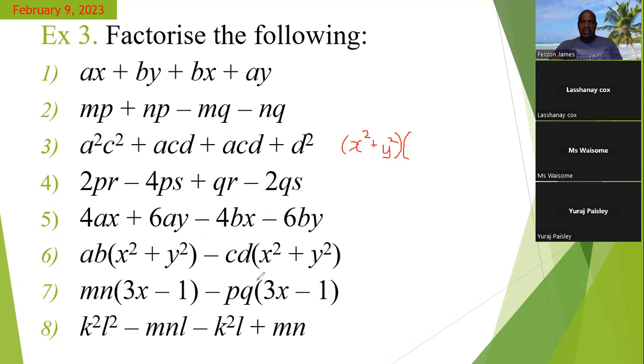So question 6 is a slightly different setup. If you look at this, you would actually reach the second stage of the factorization process, because you have the bracketed expressions that are the common factor here. So you just pull out the brackets, which is the common factor.